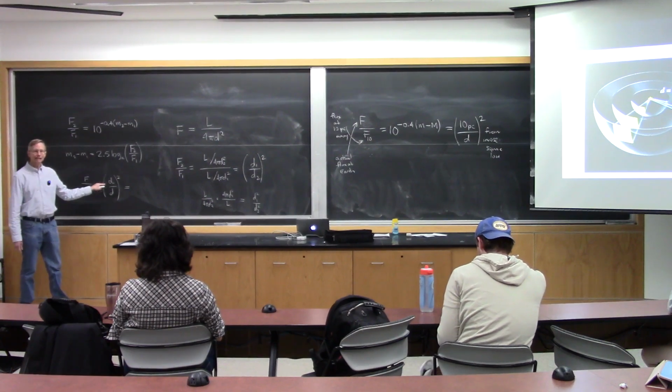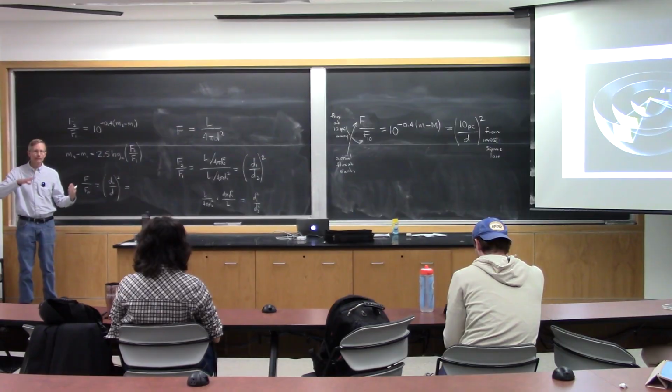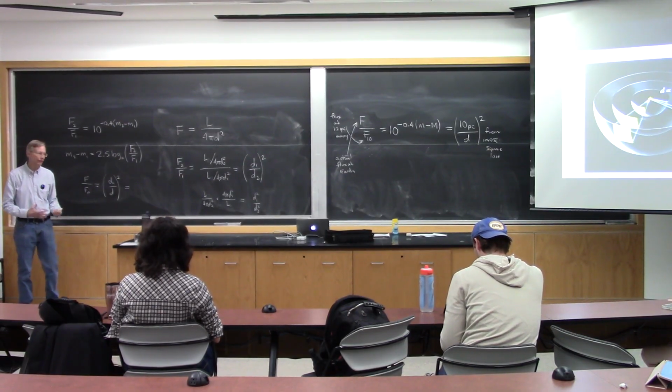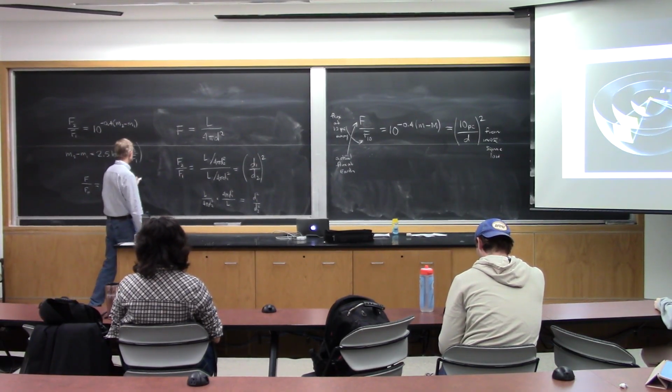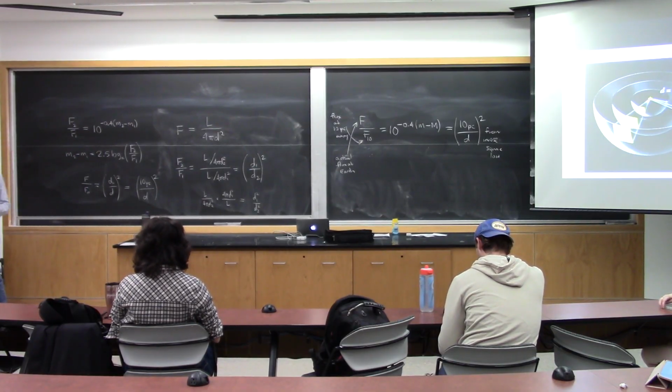By D10 here I mean 10 parsecs, because that's the distance that I'm standardizing on. So this will be 10 parsecs divided by the actual distance squared, because I'm comparing the star at distance D from us, and at distance 10 parsecs from us.